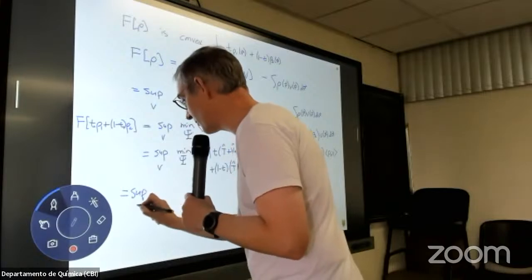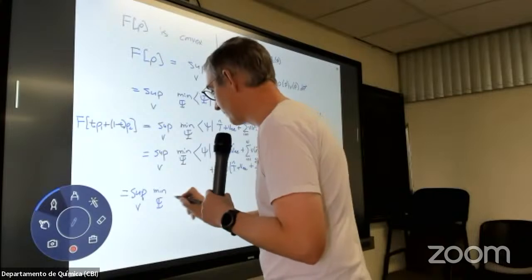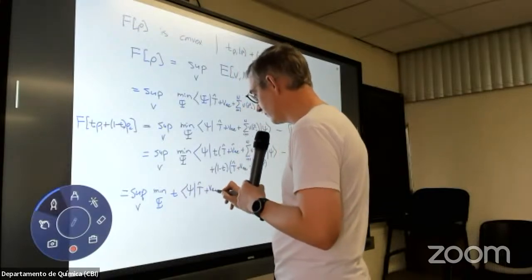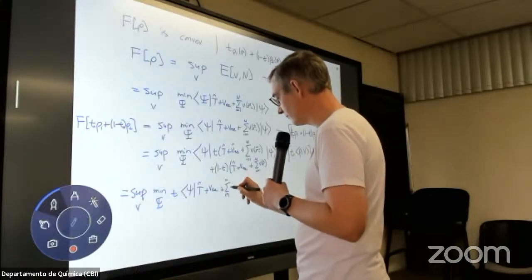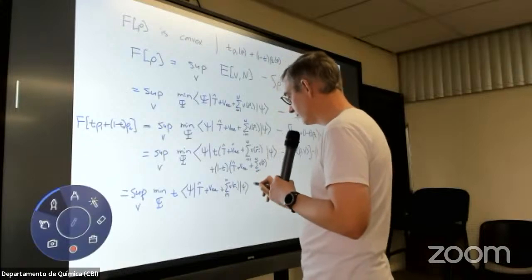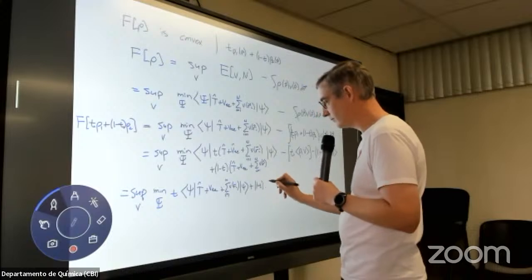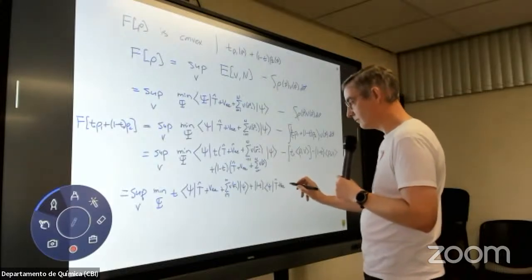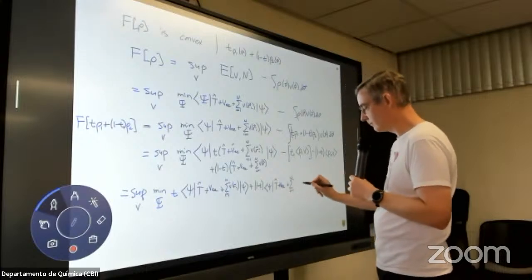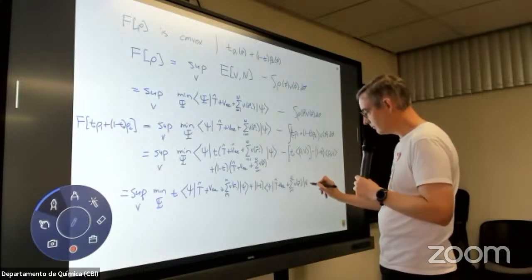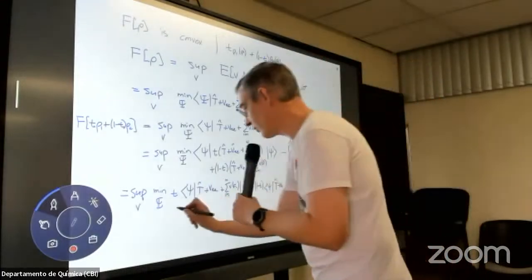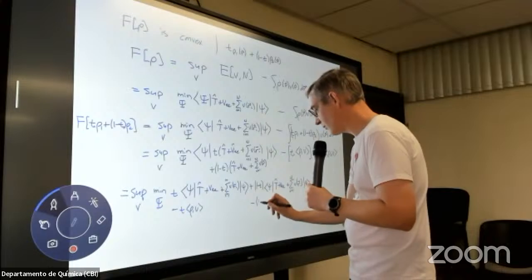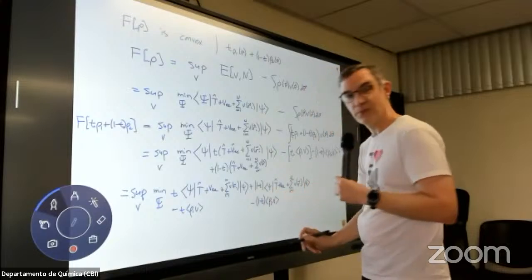I can write this as the supremum over v, minimum over psi of t, and let me just go on and subtract minus t rho 1 v minus 1 minus t rho 2 v.